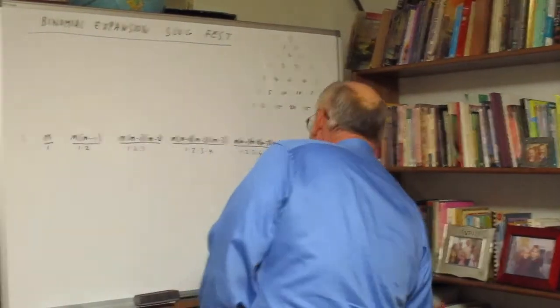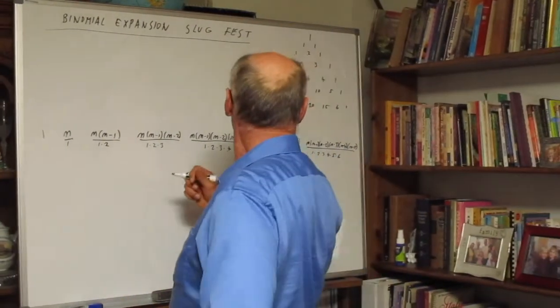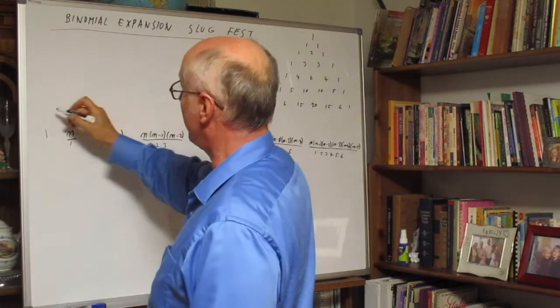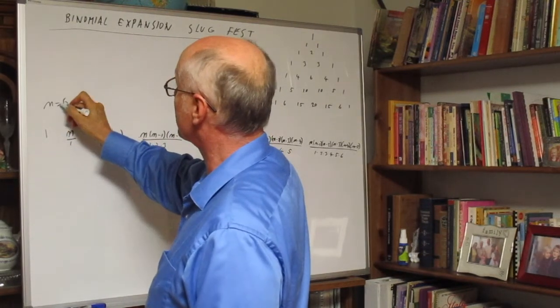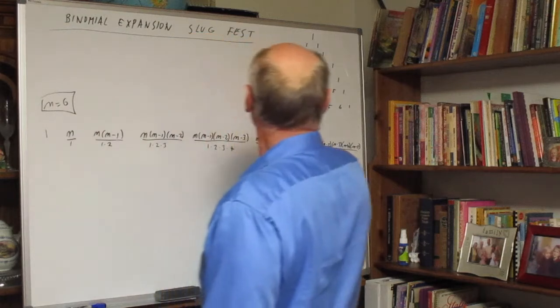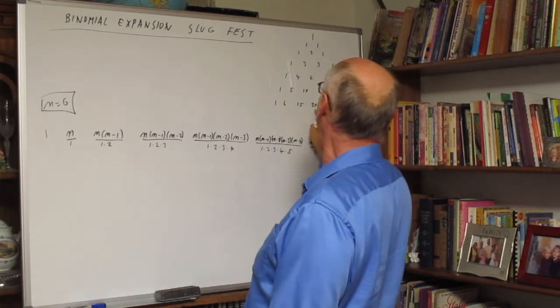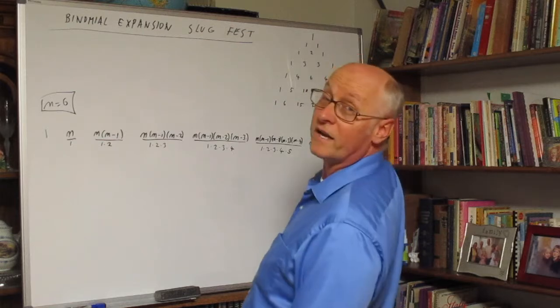So here I've got it for n equals 6, this line here. We want these factors: 1, 6, 15, 20, 15, 6, 1.